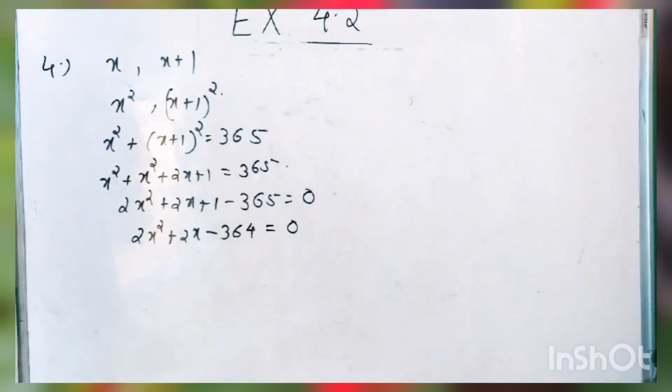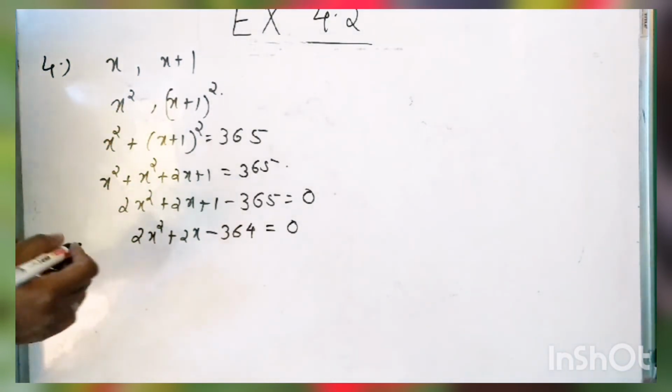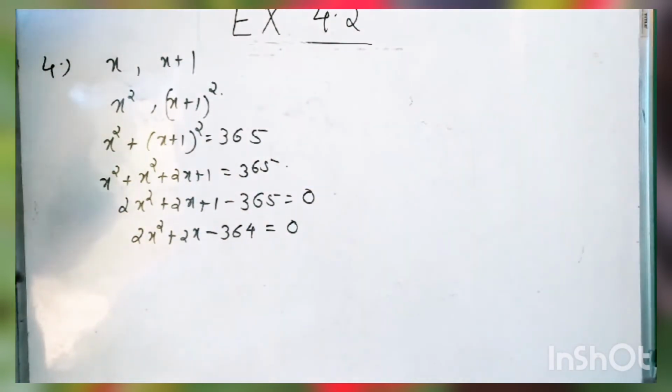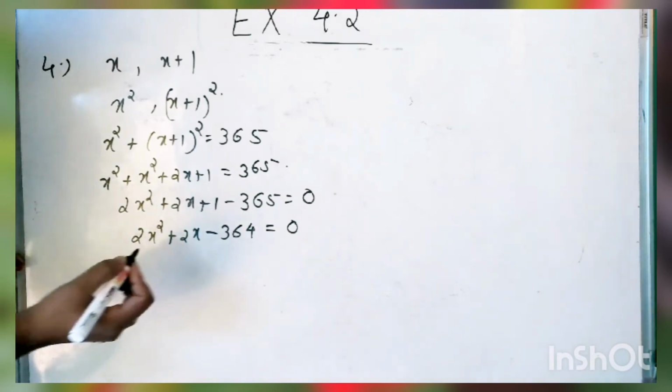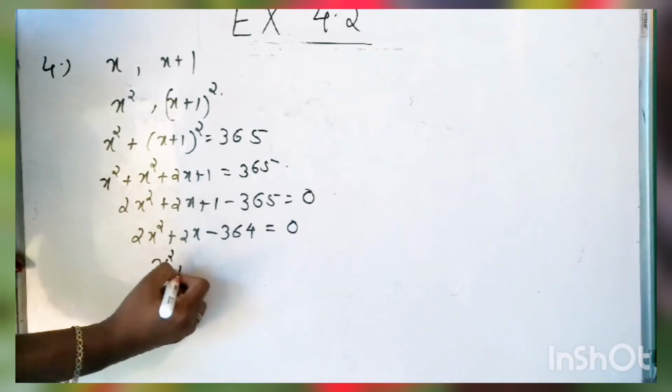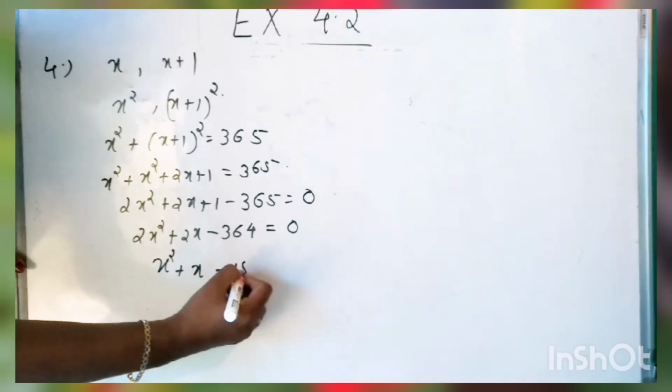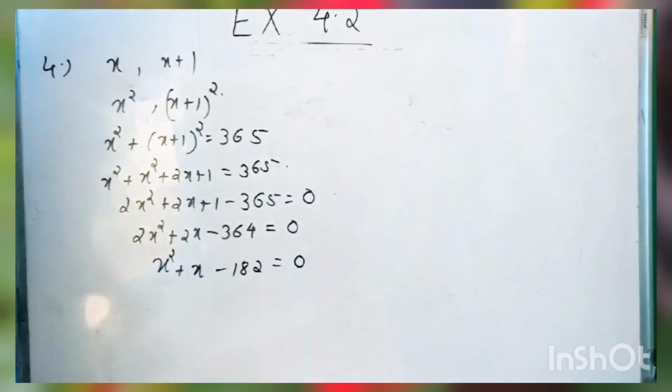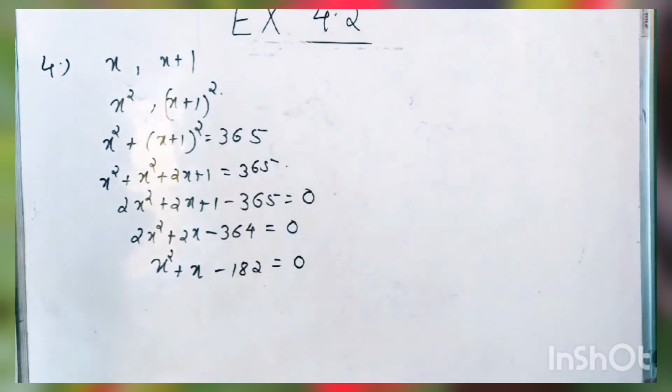We can divide this equation throughout by 2. Then we will get x square plus x minus 182 is equal to 0.